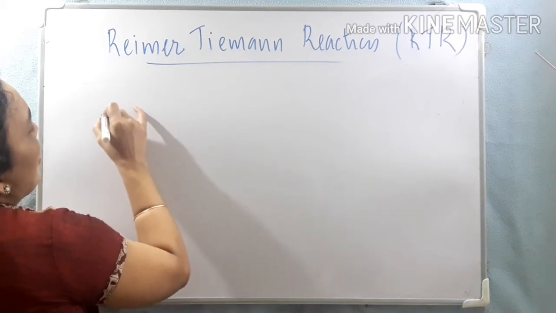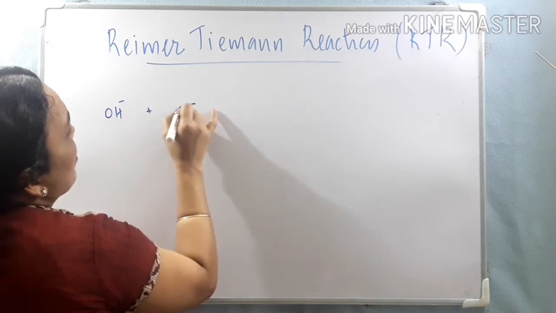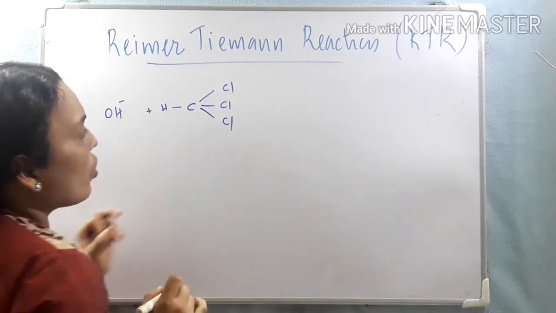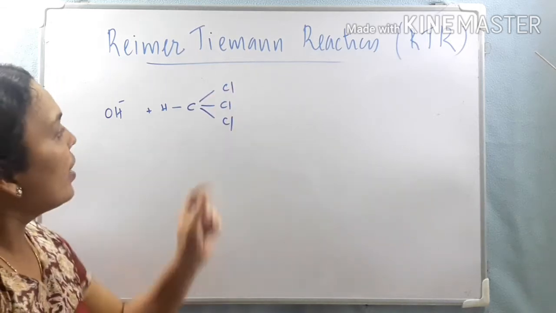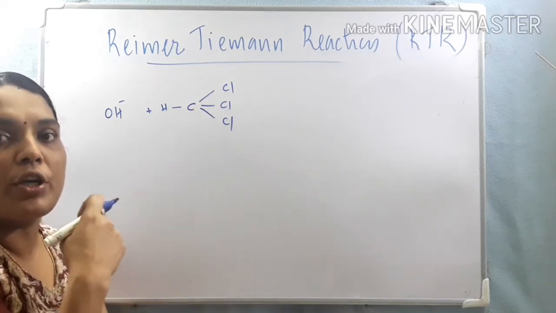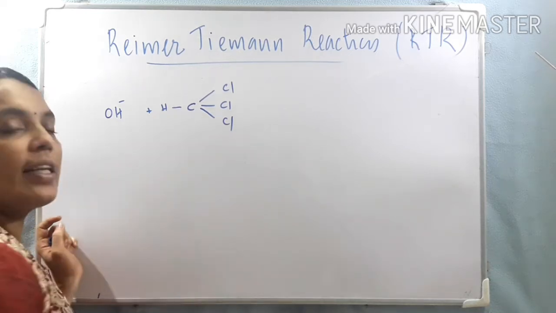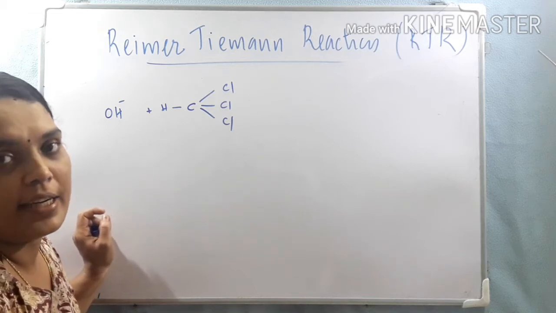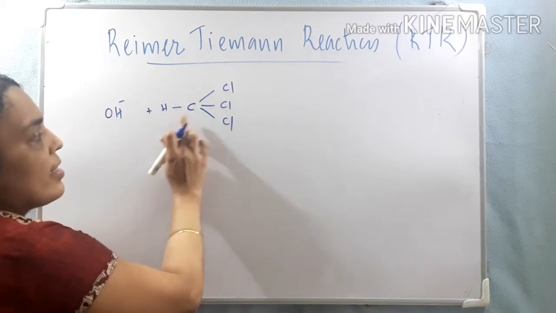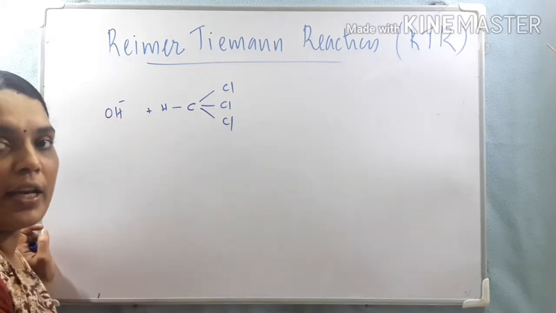Here we are taking NaOH, a strong base, and chloroform, CHCl3. Because of these three chlorine atoms, which are electron withdrawing groups, electron density around carbon decreases. That is why this hydrogen is considered an acidic hydrogen. Therefore chloroform readily releases H plus ion in presence of NaOH.